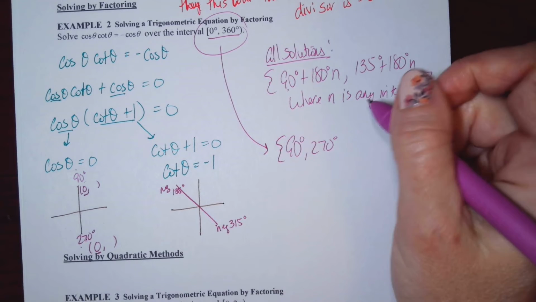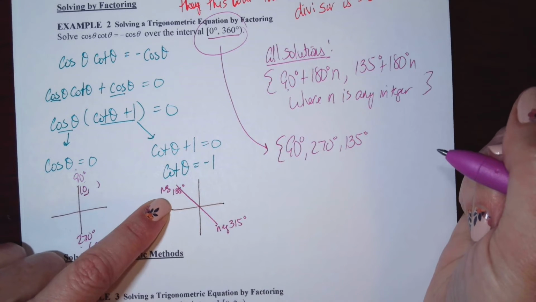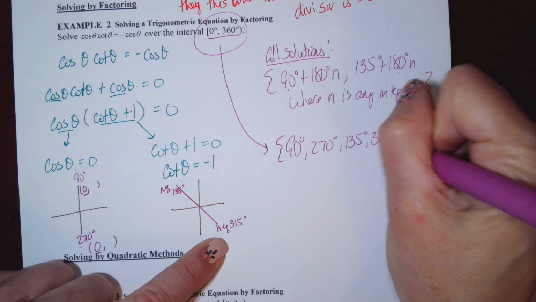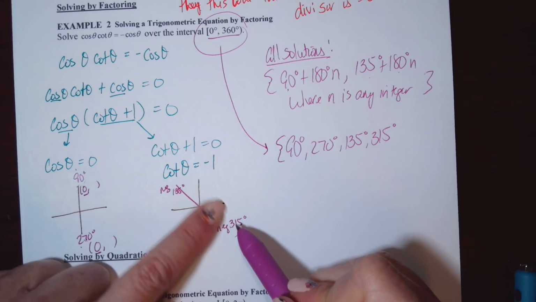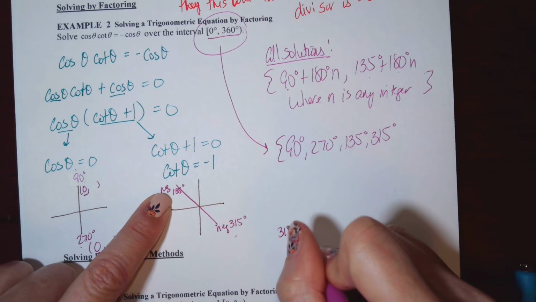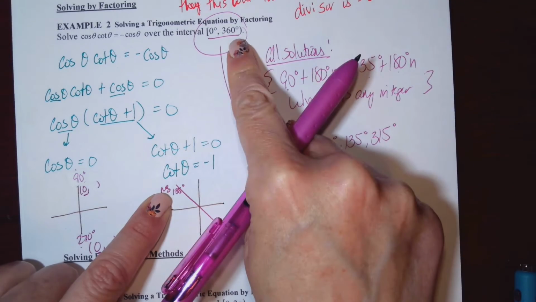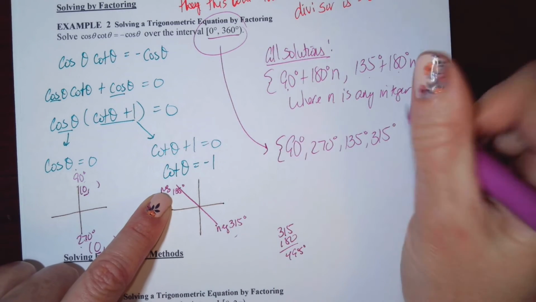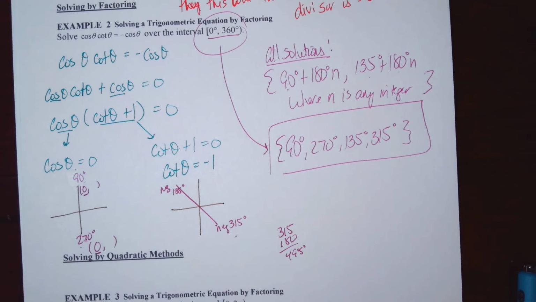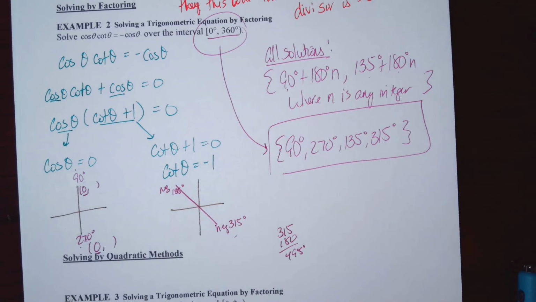And then I come over here and say, okay, or it's going to be true if my angle theta is 135 degrees, plus 180 brings me around to 315. And if I add 180 again, 315 plus 180 is 495 degrees. That's outside of my interval. I've gone beyond my interval. So those four values for theta are the four angles within this interval that make this equation true.